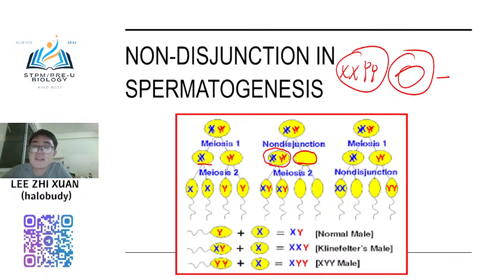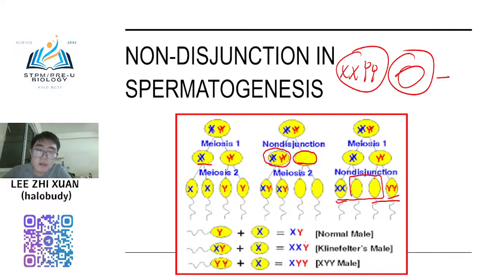So when non-disjunction occurs in meiosis 2, it will produce XXYY, which is not normal. The other two do not contain any sex chromosome, or have either XX or YY.